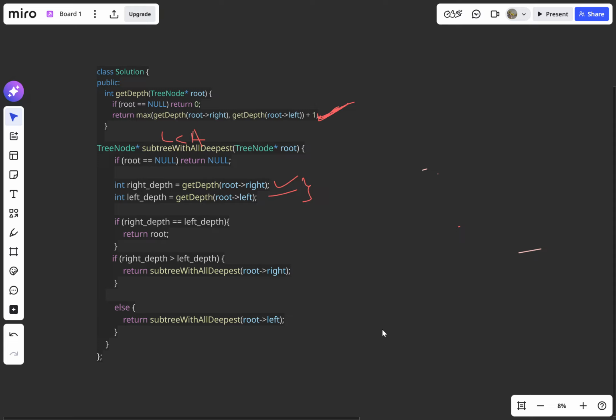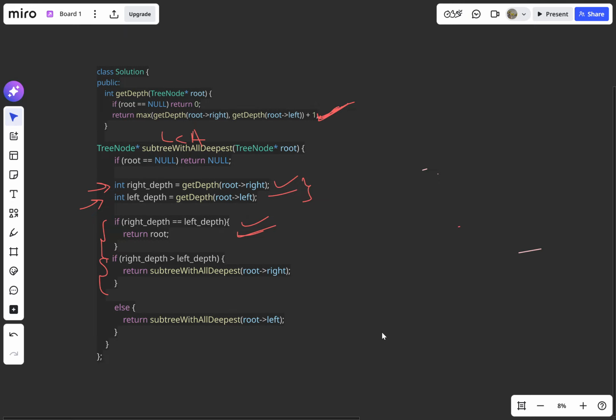Then after getting both the right depth and left depth, which are the depths for the children, we will compare them. If both are the same, we will return the root as the lowest common ancestor.